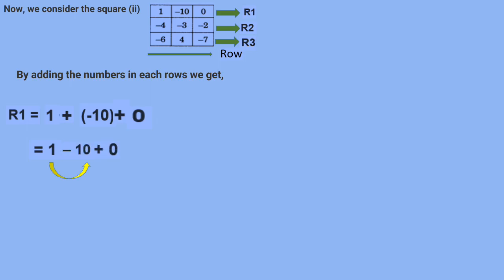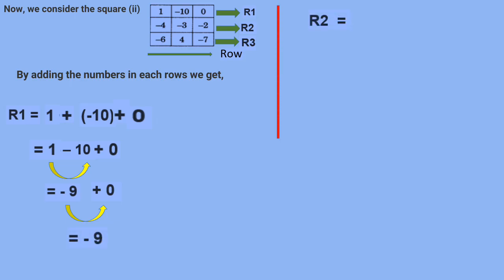So these two I'll take. Different sign, so I am going to subtract the smaller number from the larger one. So 10 minus 1 is 9, and the symbol of the larger number 10 is minus. So the answer is minus 9 plus 0. Adding 0 to any integer, you will get the same integer, minus 9.